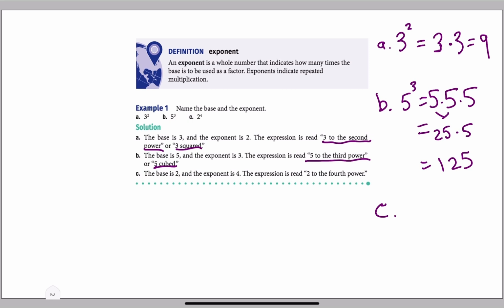And let's look at C. 2 to the fourth. Now, notice there's only one way to read this. 2 to the fourth power. After squared, cubed, what would you even say? Well, a square is in 2 dimensions, length and width.